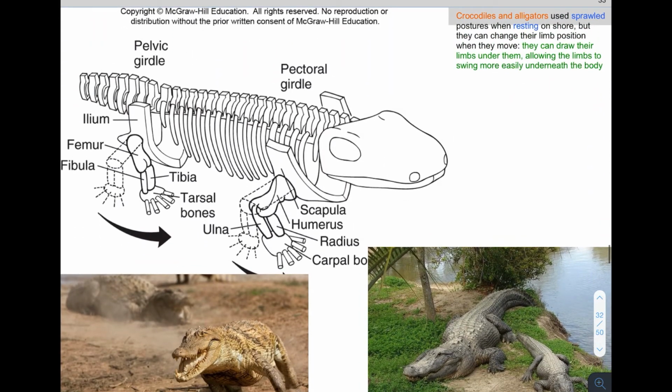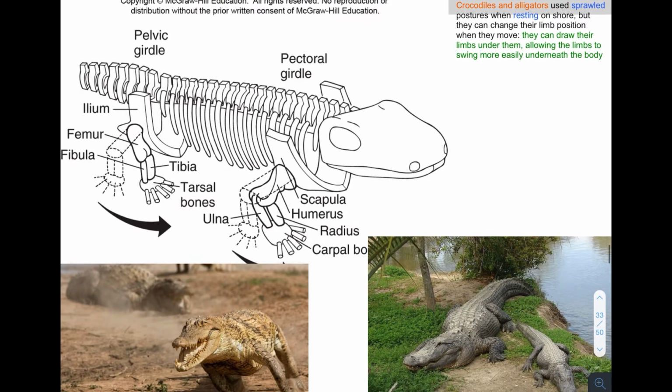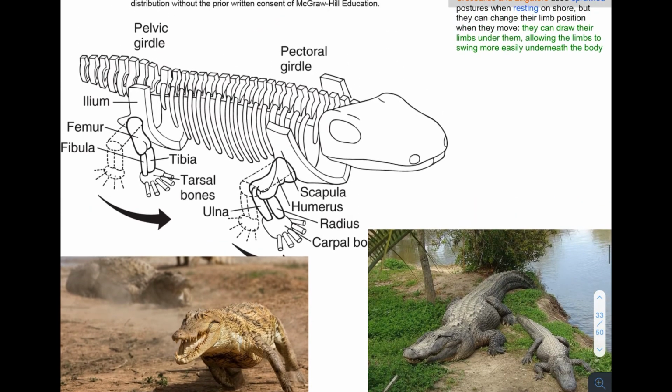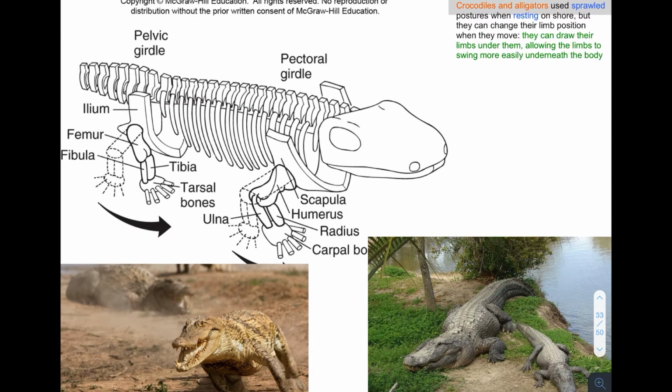When we look at crocodiles and alligators, what we see is a sprawled out posture when resting, but in order to gain more efficiency of movement, their limbs actually do come in and move towards the center line.